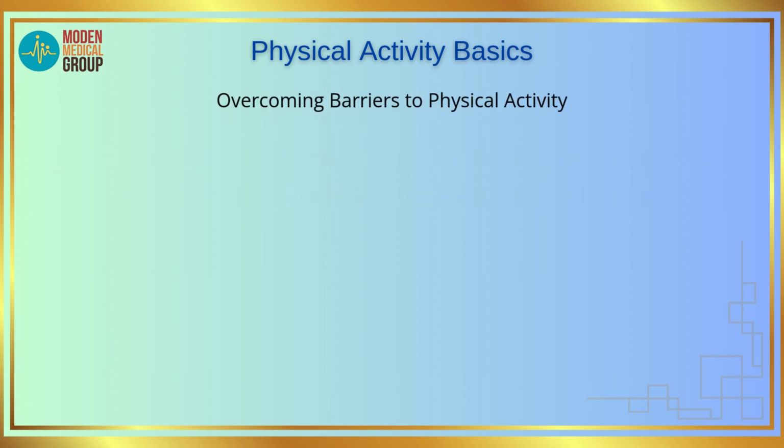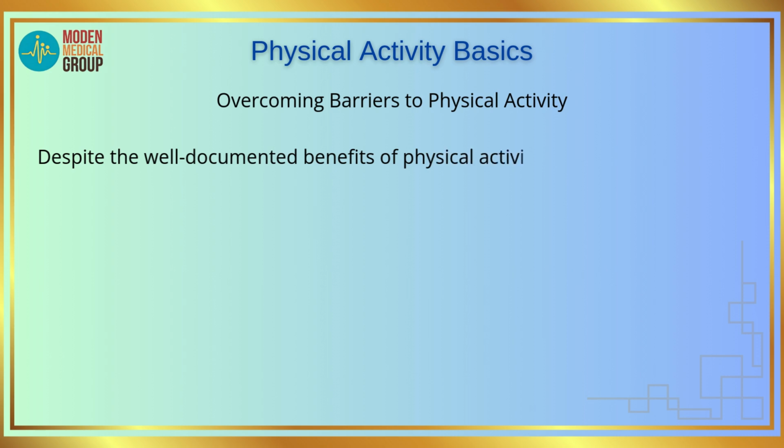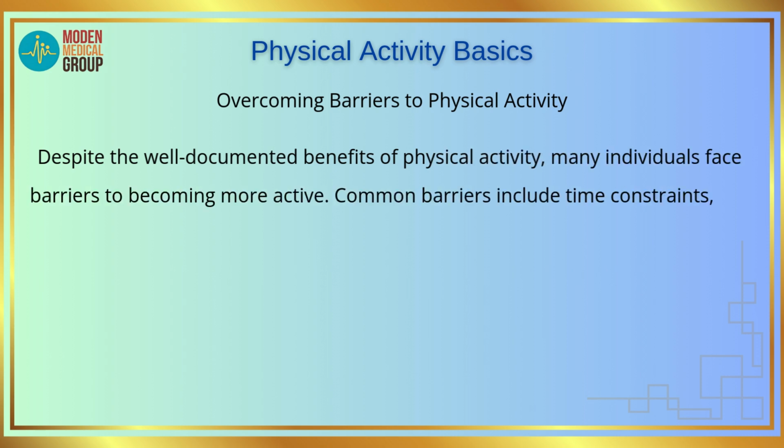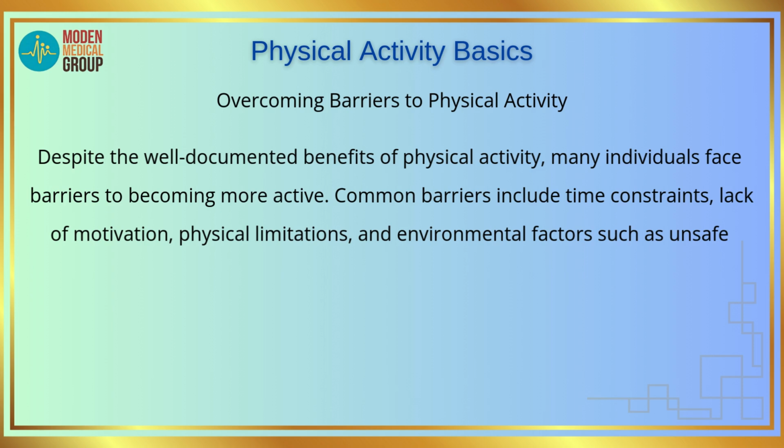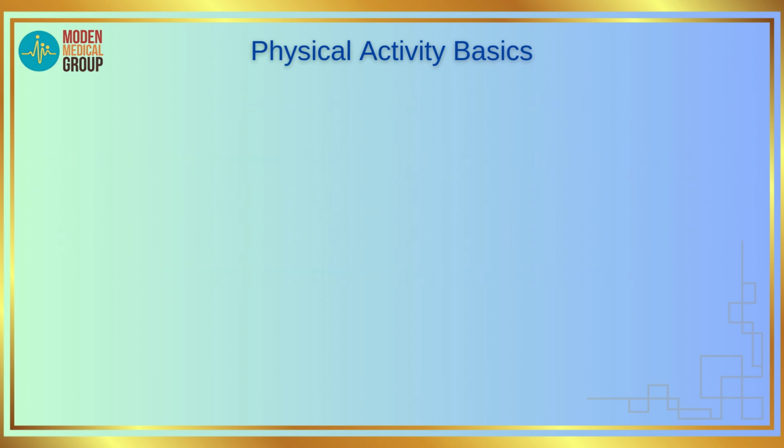Overcoming barriers to physical activity. Despite the well-documented benefits of physical activity, many individuals face barriers to becoming more active. Common barriers include time constraints, lack of motivation, physical limitations, and environmental factors such as unsafe neighborhoods or lack of access to exercise facilities. Strategies to overcome barriers.